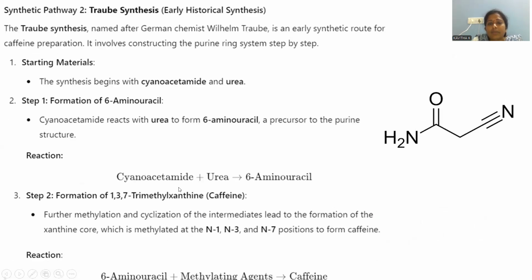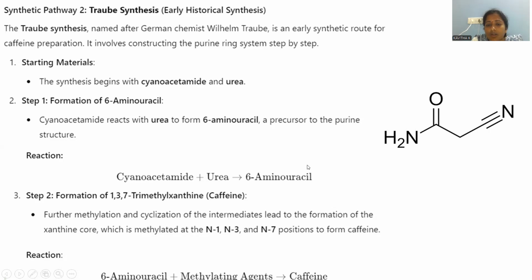Let's go with another method, which is called the Traube synthesis. The Traube synthesis starts from the starting material called cyanoacetamide. The cyanoacetamide is taken and treated with urea. Whenever cyanoacetamide is treated with urea, uracil is formed.